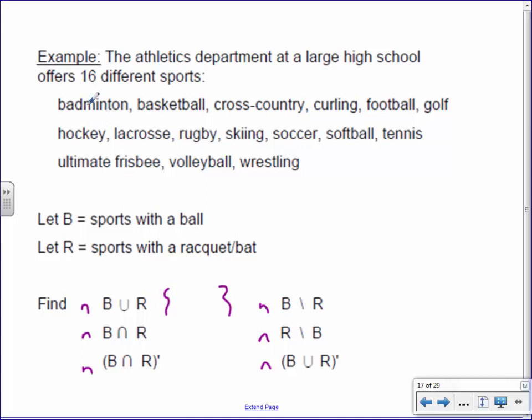Badminton. Does it have a ball or a racket and a bat? Yeah, let's say that it has a racket, and maybe it's not necessarily a ball, but maybe we could go with the birdie is the object you hit with it. So why don't we say this one actually has both? Okay, it has a ball and a racket. What about basketball? Ball only. Cross country?